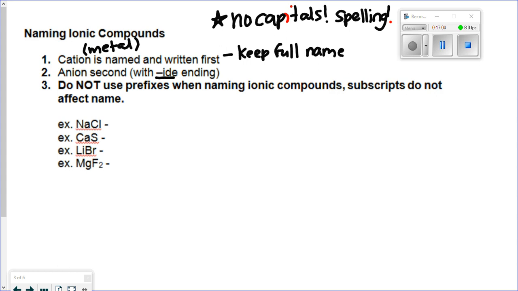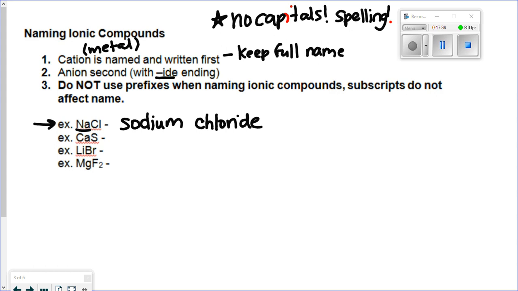So again, following these steps for a couple of the naming ones. The first one, name your cation first. Looking in the periodic table, we have sodium and chlorine. Sodium is the metal, so we name that first, our cation. Second step, the anion is second with the IDE ending. There is a space in between those, so don't try to mash it in as one word. So sodium chloride.